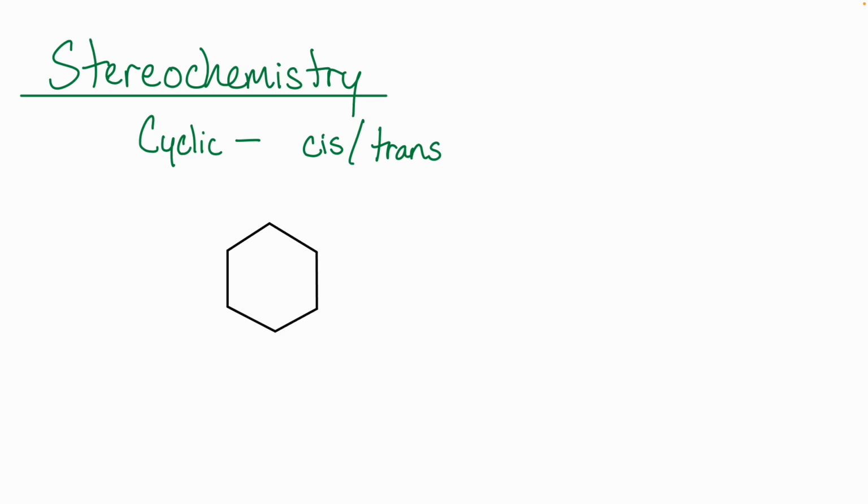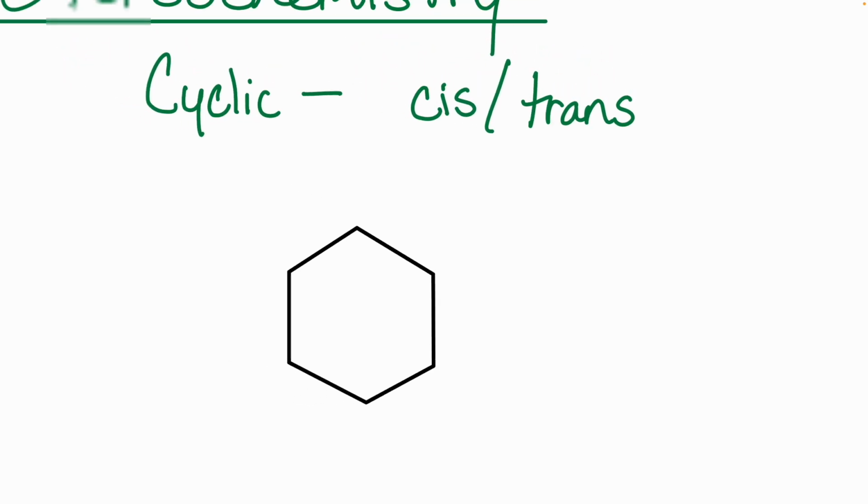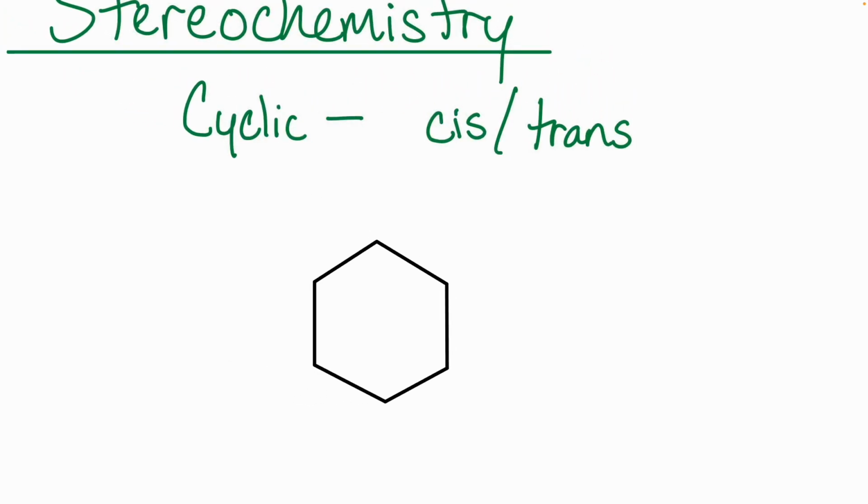If it has methyl groups on there, remember each one of these carbons has two other bonds that aren't explicitly drawn. You discussed a lot about cyclohexanes, conformations, that chair conformation business last semester. We're not going to get into all that. The bottom line is it has two bonds. One of these bonds can be pointed up, and one of these bonds can be pointed down. And we represent those differently.